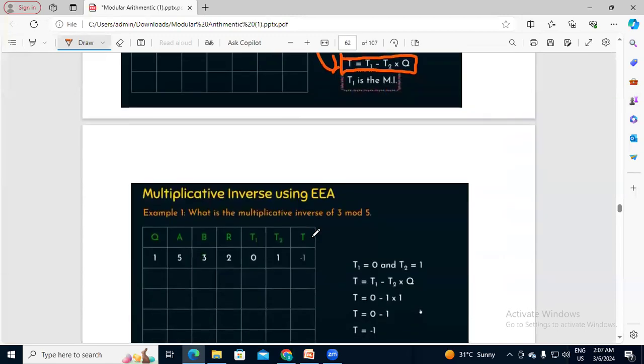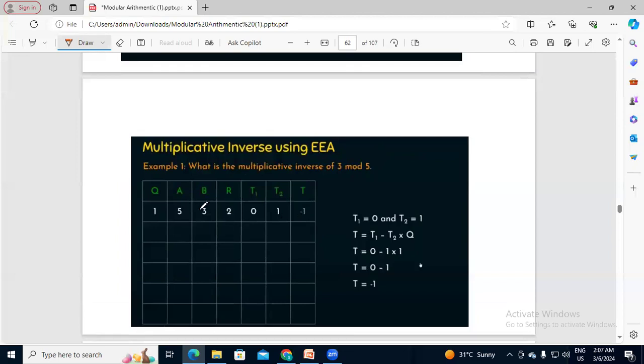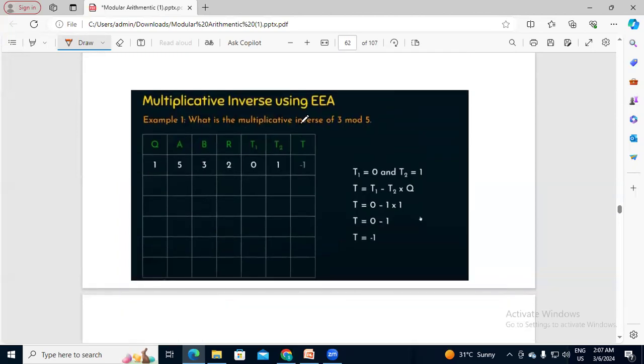So now let's do that with the numbers. Here we are going to calculate the multiplicative inverse of 3 mod 5. 3 mod 5 का multiplicative inverse क्या है, right? So same way you need to follow the rules. A should be greater than B. So A will be 5, B will be 3, and the remainder you need to write over here.